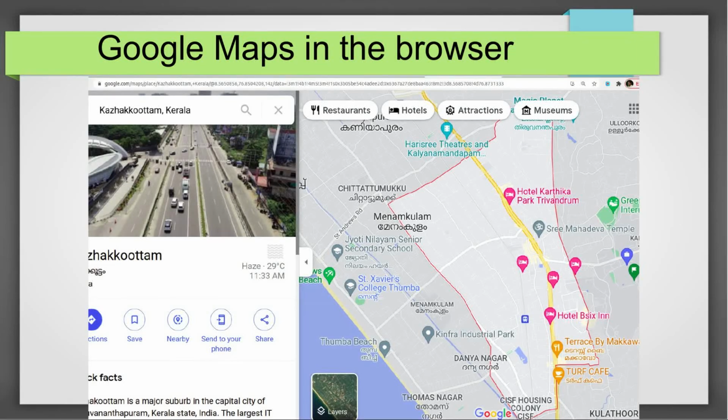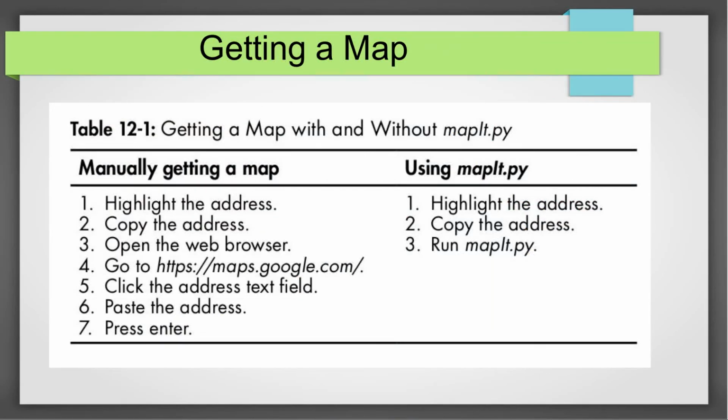While some of the programs you write will perform huge tasks that save you hours, it can be just as satisfying to use a program that conveniently saves you a few seconds each time you perform a common task, such as getting a map of an address. This table compares the steps needed to display a map with and without a Python program.